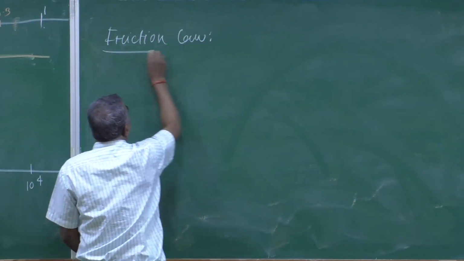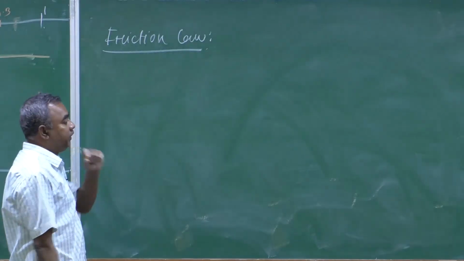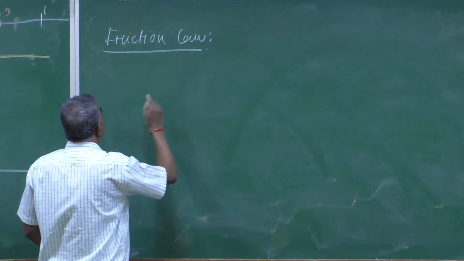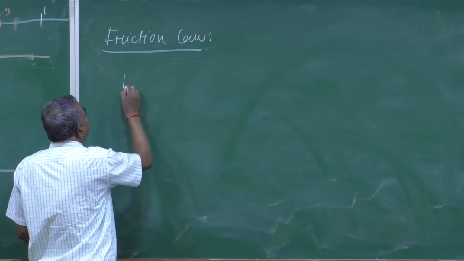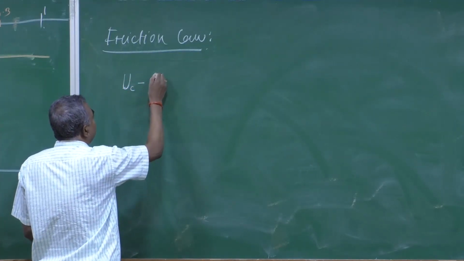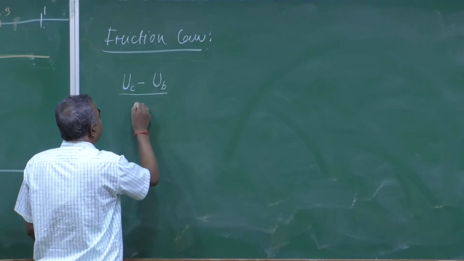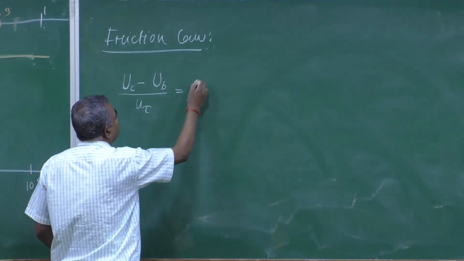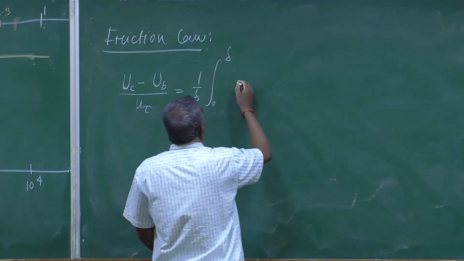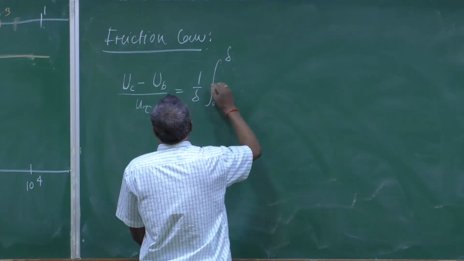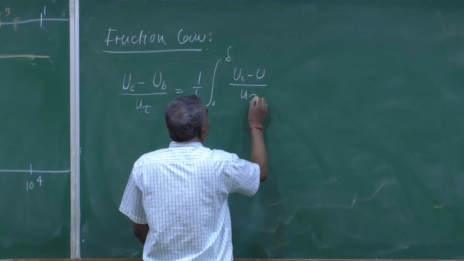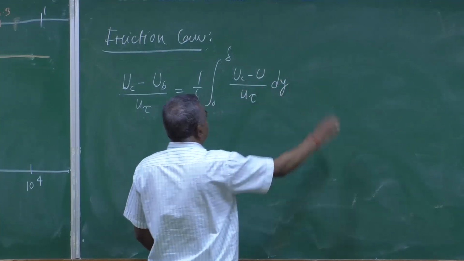Before we proceed with the friction law, let us find out the bulk velocity. So, bulk velocity from the previous law, what we can see, u c minus u b divided by u tau equals 1 by delta, 0 to delta, this u c minus u divided by u tau dy.